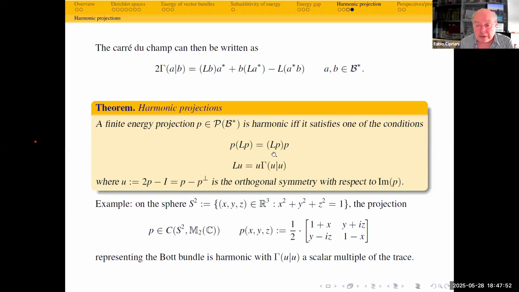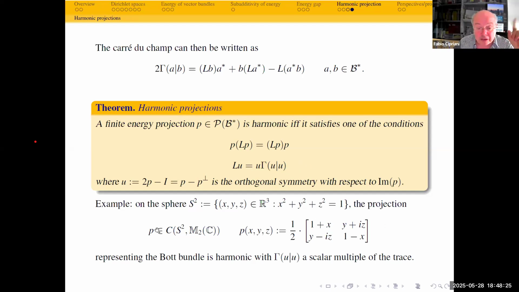See, it commutes with the operator obtained by applying to P itself the generalized Laplacian. Also, this equation is equivalent to this equation where U is the orthogonal symmetry with respect to the image of P, which is a generalization of the eigenvector equation for the usual Laplacian.